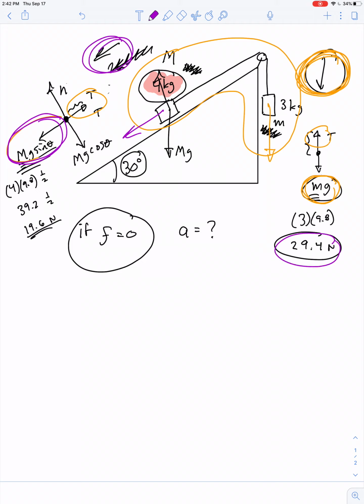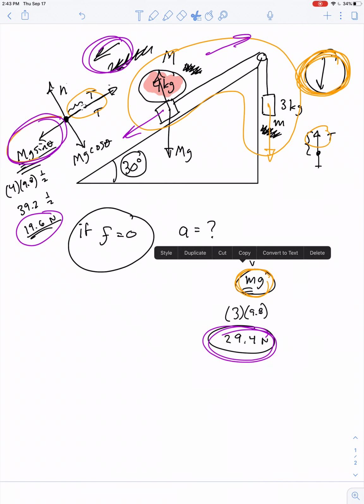And clearly, 29.4 newtons is greater than 19.6, so at least we now know that the system would have a tendency to accelerate in that direction, and we can adjust the length of our vectors. It looks like I've got it wrong, and it's the tension that's greater in this diagram, and that means I have to draw the tension in this diagram just as long.